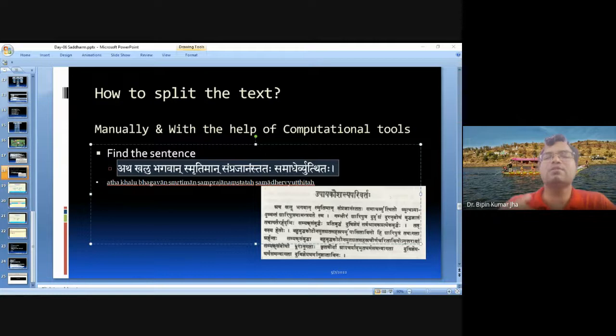Next step you will find the dictionaries which will be associated with those tools, and you can find the different meanings of that particular term, and you need to choose which is right, which is wrong, because you know the context. Then only you will be able to extract the meaning. Otherwise it is very difficult, because such type of text is not so easy to read.